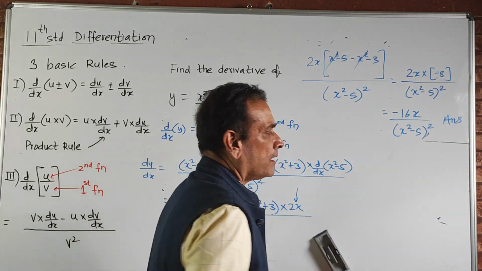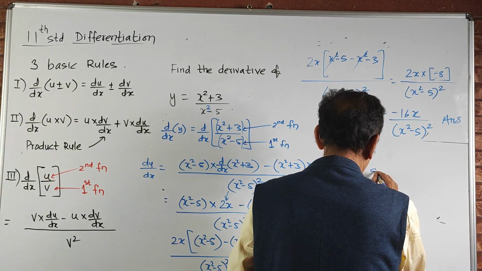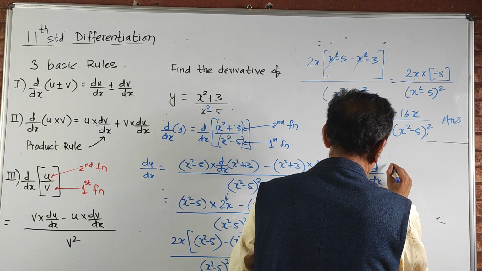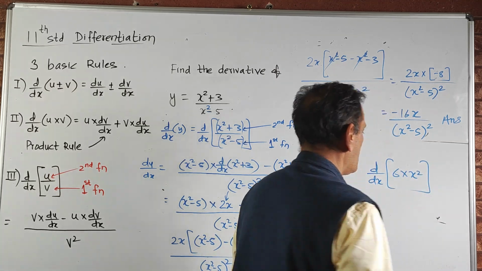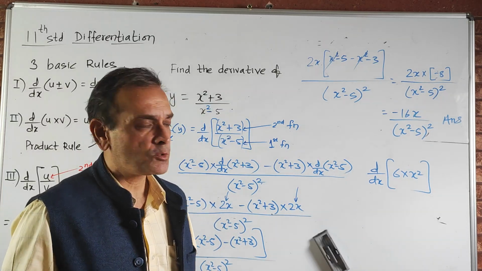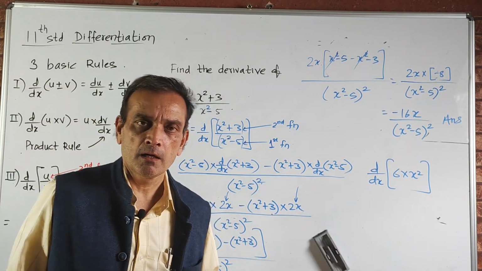Okay. और एक चीज, supposing you get कई प्रॉब्लम्स में terms like this, d by dx of 6x squared.